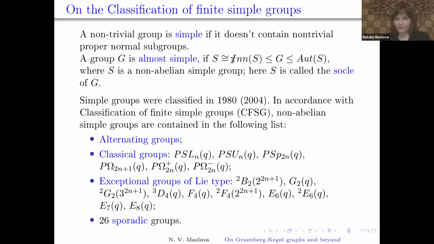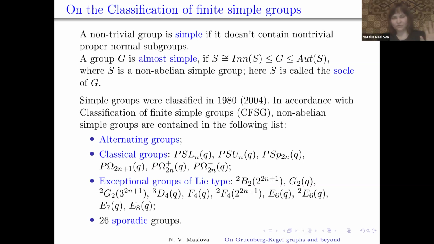Moreover, as a corollary of the classification of finite simple groups, the factor group of the full automorphism group by the inner automorphism group of a finite simple group is always solvable. It's the so-called Schreier conjecture, really the Schreier theorem, but historically it's called the Schreier conjecture. This theorem is a corollary of the classification of finite simple groups.